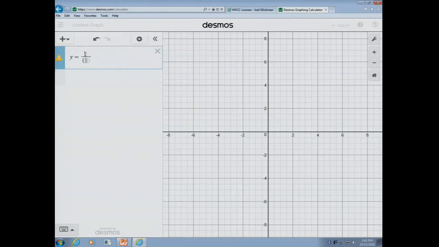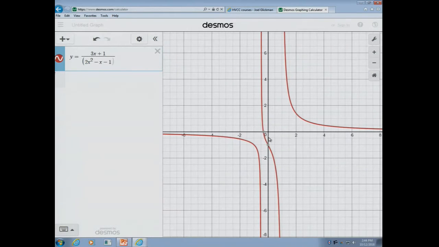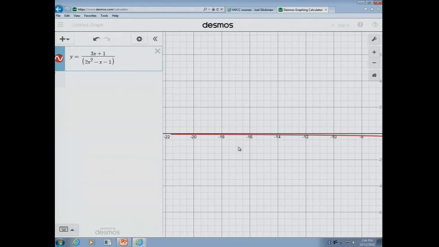So on the top of our fraction, we have 3x plus 1. On the bottom of our fraction, we have 2x squared minus x minus 1. Some interesting stuff happened in the middle. Okay, we're not really looking at this middle behavior just yet. What I'm really interested in, right here, is end behavior.